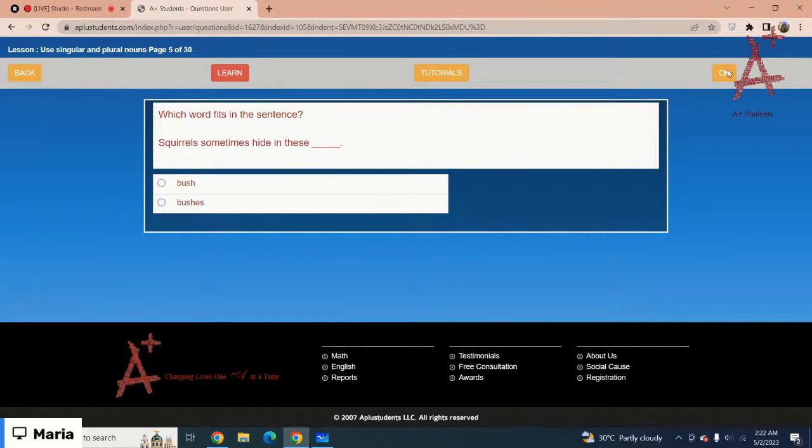Squirrels sometimes hide in these dash. These is used with plurals, so it would be these bushes. It would be plural.